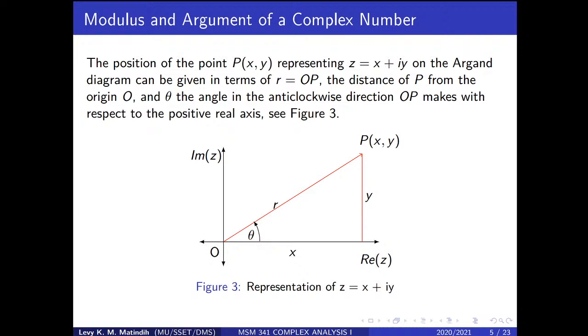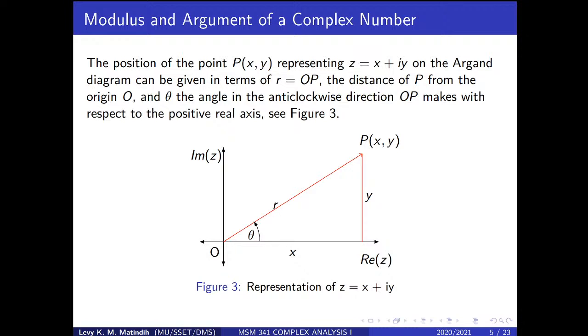Now, this same complex number, as you represent it as a vector, makes an angle theta with respect to the real axis. It forms an angle in an anti-clockwise direction with respect to the real axis. This angle is the one we call the argument of a given complex number.